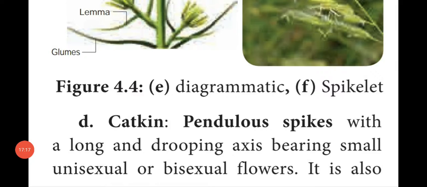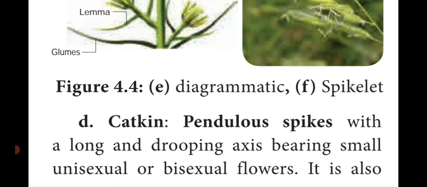Dear students, next we are going to see the catkin inflorescence. These inflorescences are known as pendulous spike. Pendulous means hanging from the bark of a tree, like the pendulum in a clock. It is a pendulous spike with a long and drooping axis bearing small unisexual or bisexual flowers.